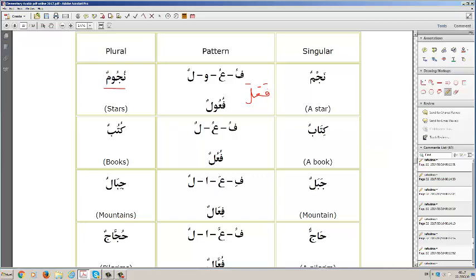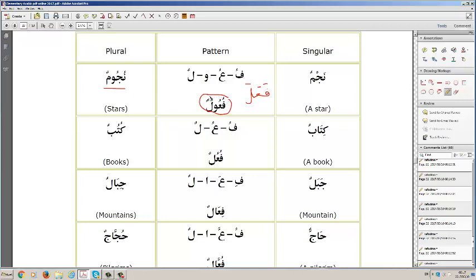So its pattern is fu'ulun. Therefore, when you have the word najmun, if you apply this pattern here, the noon stands for the F, the jim stands for the ain, the waw stands for this waw here, and the meem there stands for this lam.